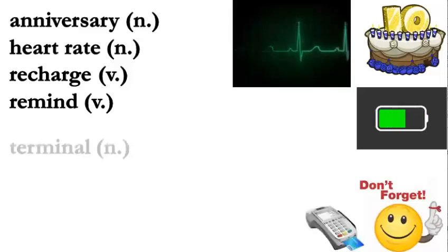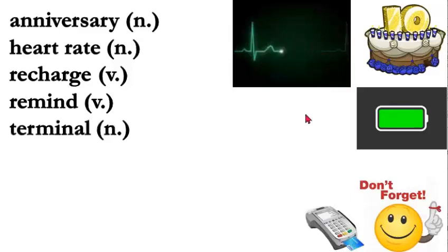Next, word number 5, terminal. Repeat after me. Terminal. Terminal, of course, has different meanings, but the meaning that we need in our lesson is a device at which a user enters data for a computer system. So the cashier uses a terminal.